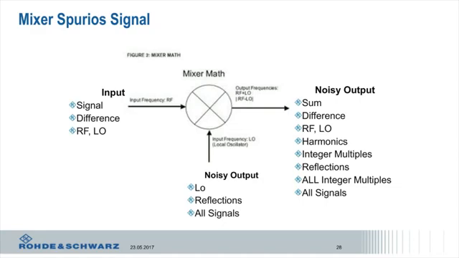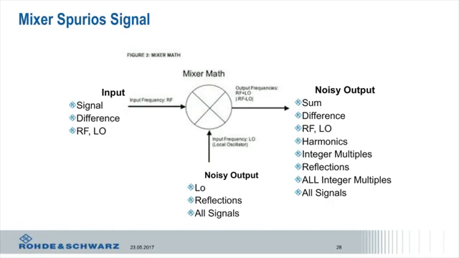But the problem is, when you do this, you're going to get all kinds of other signals generated. You'll see a perhaps more useful picture of this, but these are all the signals that you get. The signal is the wanted signal. The LO is the tool I use to get it down to lower frequencies. When I take signal minus LO, that gives me the difference, but I also get the sum. I also get the RF bleeding through. I also get the LO bleeding through.